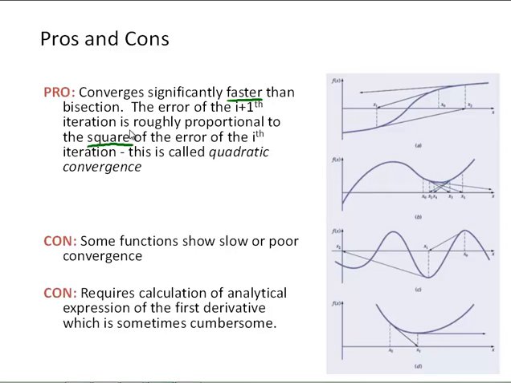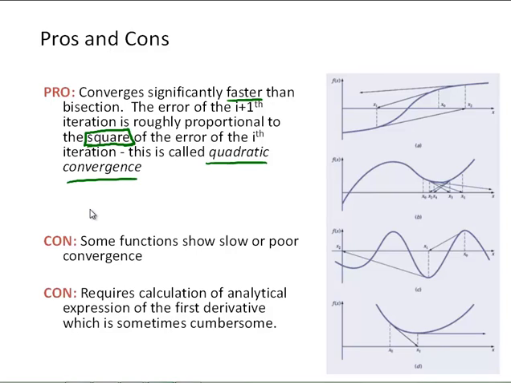This is called quadratic convergence, since it's proportional to the square. I didn't show it either, but for bisection, the error of the next iteration is roughly half of the previous iteration. That shouldn't be surprising because we're cutting the interval in half with each of those bisection iterations. So we do see that Newton-Raphson converges quite a bit faster.